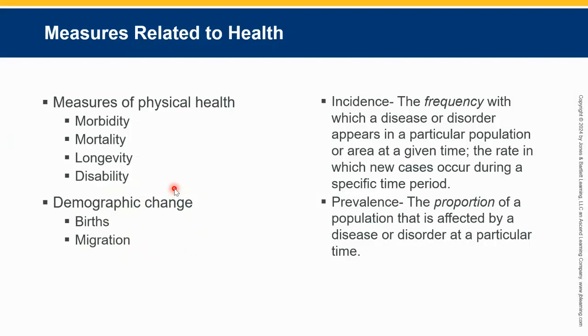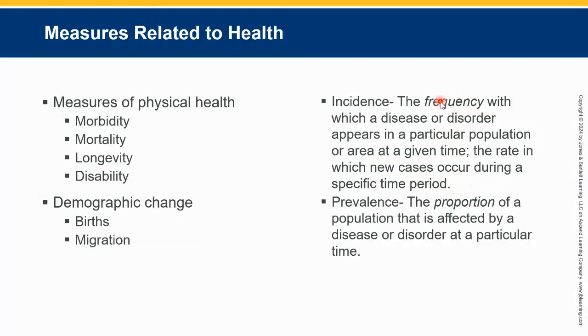The next one here is incidence and prevalence. Incidence is the frequency with which a disease or disorder appears in a particular population or area at a given time. The rate in which new cases occur during a specific time period.